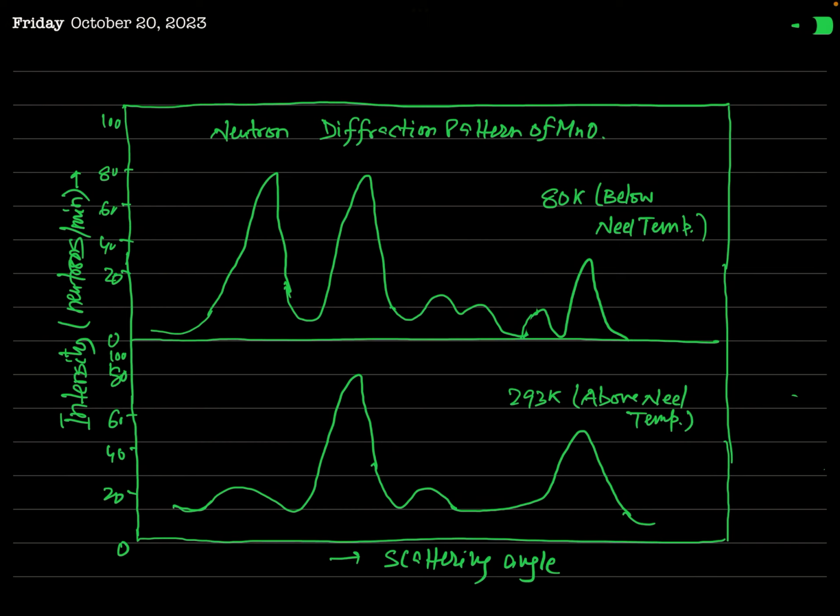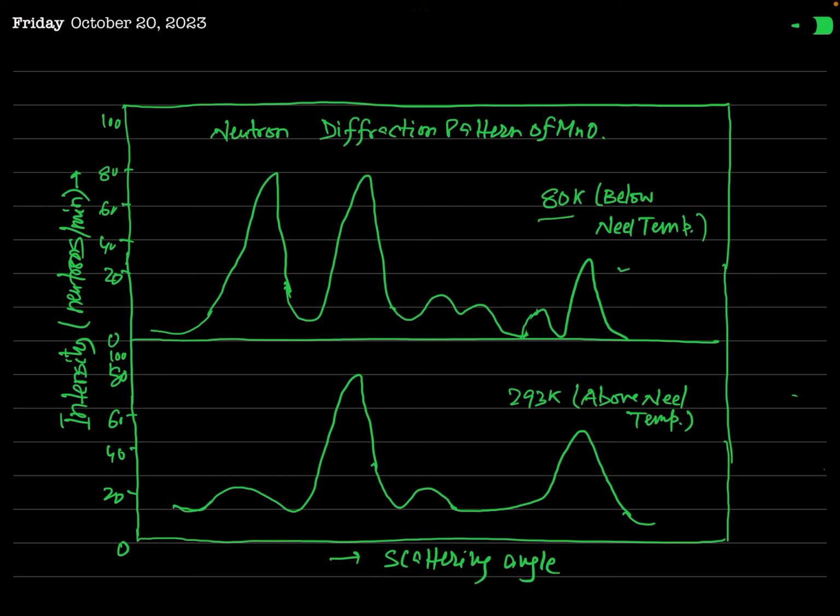So if the temperature is below the Néel temperature, let us say 80 Kelvin, about this Néel temperature we will study when we study the band theory of solids. Okay, then you can see how this intensity varies with the scattering angle. We see that for a smaller scattering angle, there are two very high peaks, and then the intensity decreases, and again for larger angle of scattering, the intensity is large.